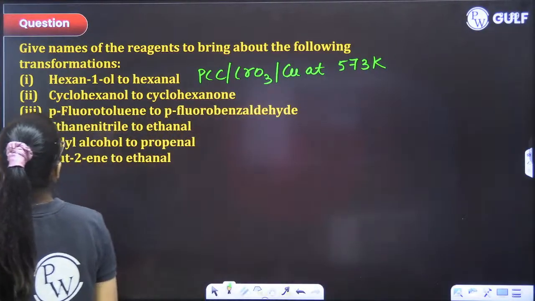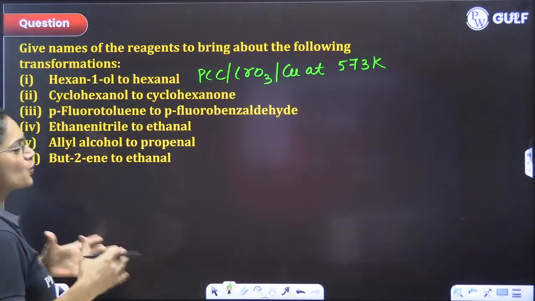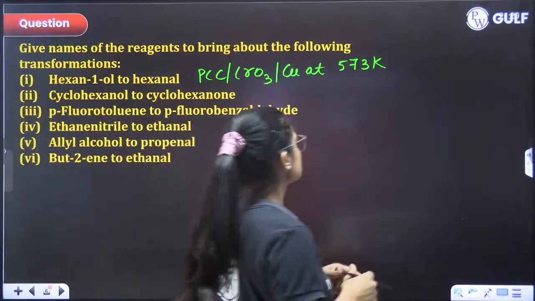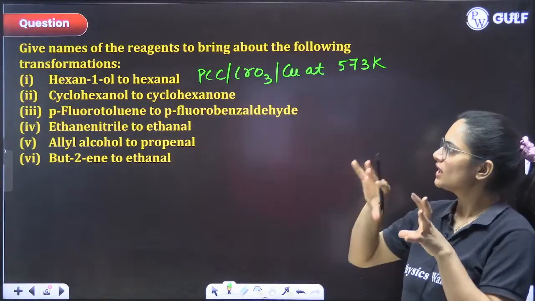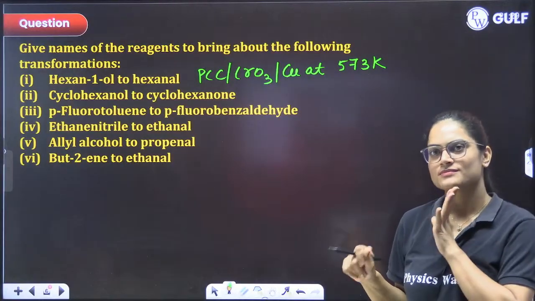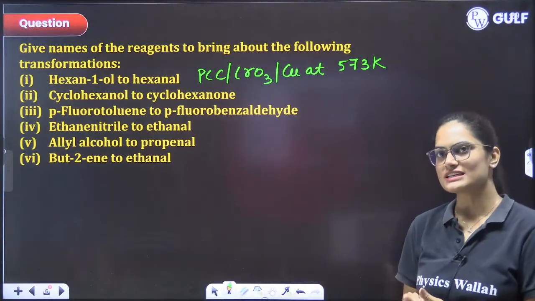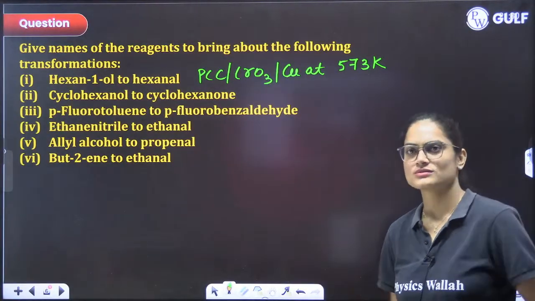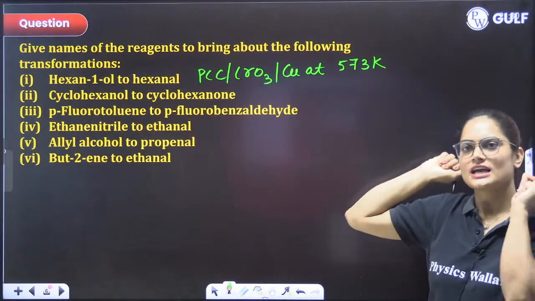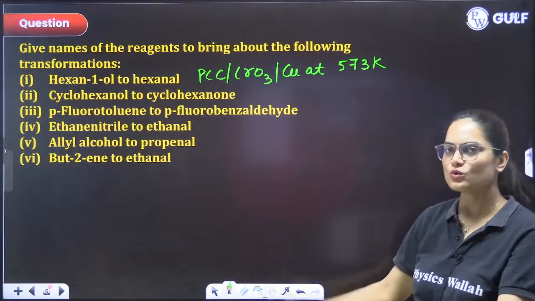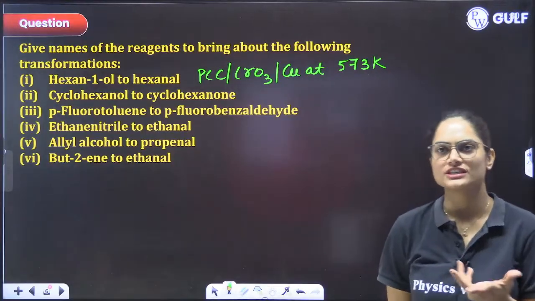Second is cyclohexanol to cyclohexanone. Cyclohexanol, again alcohol to a ketone. So this is secondary. In case of secondary, what can you do? Again, you can use any of them, right? Alcohol to your ketone. Secondary alcohols always give ketone, right?